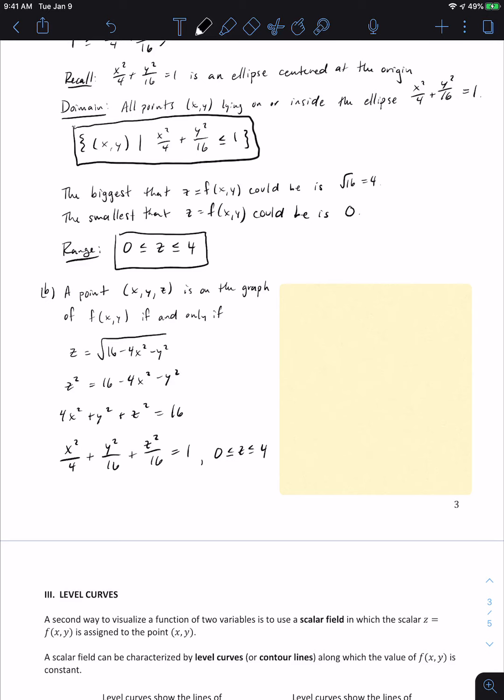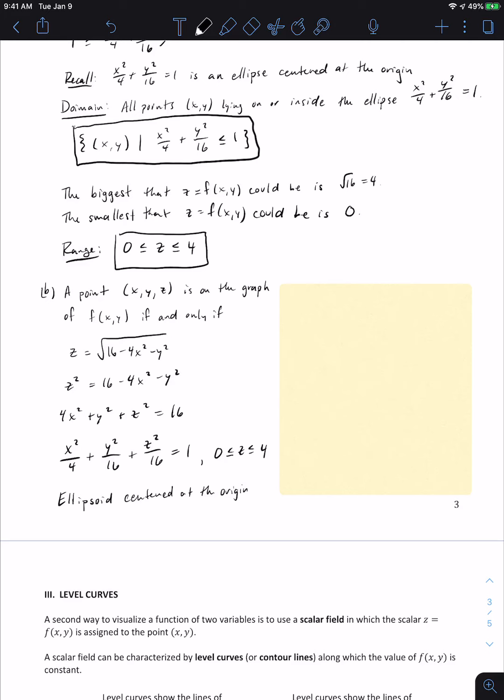So what is this shape right here? This is an ellipsoid, because it's three-dimensional, but only these z values are allowed. We'll say an ellipsoid centered at the origin. How do I know that? Because I don't have x minus something, y minus something, and z minus something.